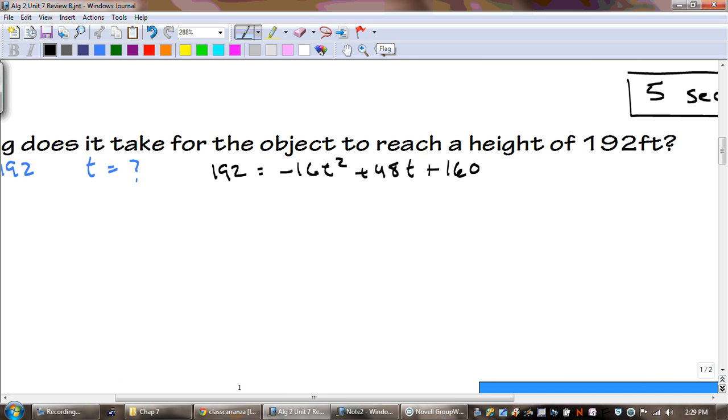So when we're solving, we want it set equal to 0, which means you have to set it equal to 0. And then we're left with negative 16t squared plus 48t minus 32. Okay? We've factored a bunch of these already, guys. I'm going to stop right here. You guys are going to pause the video and you're going to solve this on your own. Okay? Good luck.